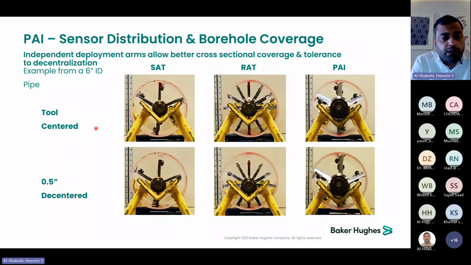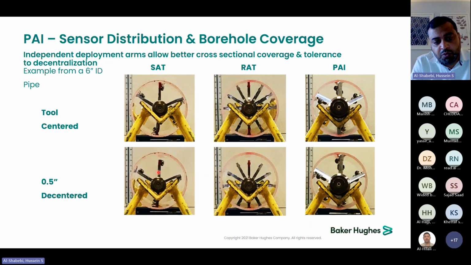This is again to show you the effect of the eccentricity of the tool. In the top images, the tool is very well centered, and in the bottom images the tools are 0.5 inch decentered. The left images compare the SAT sensors. As you can see, when the tool is decentered, the top arm collapses, and the opposite arm collapses as well.